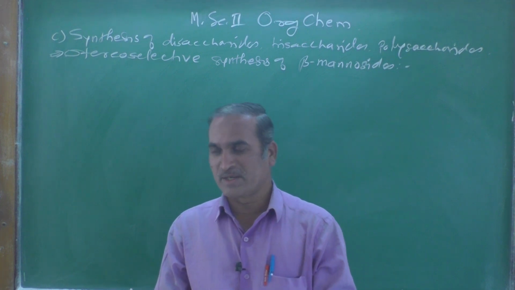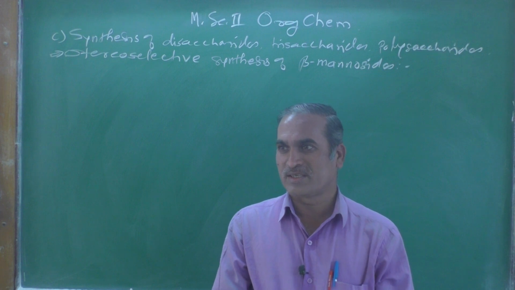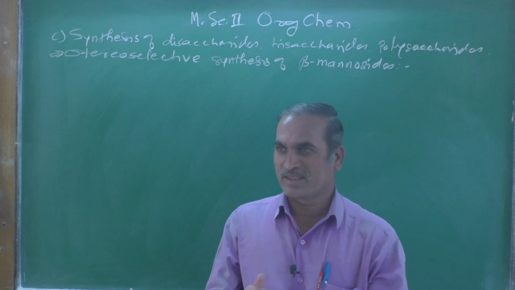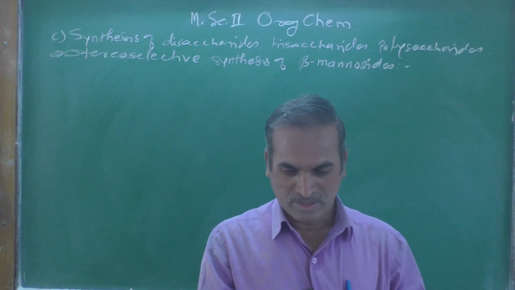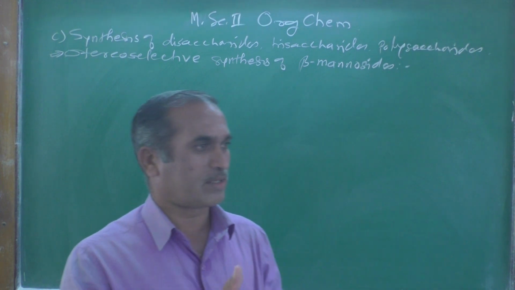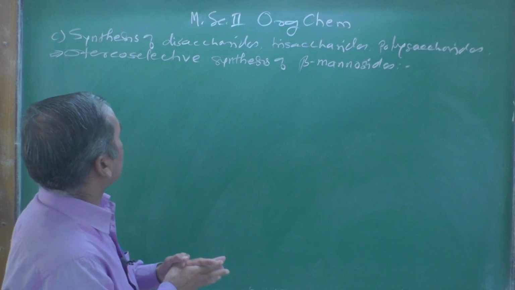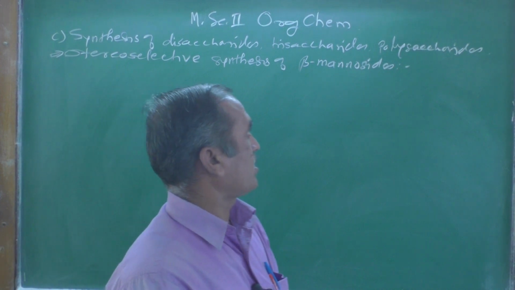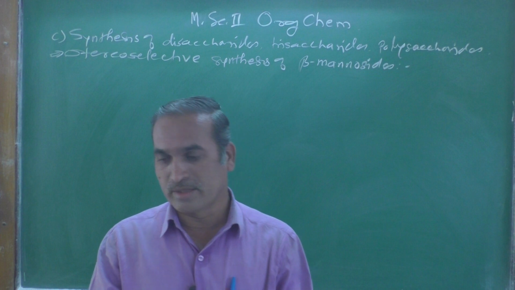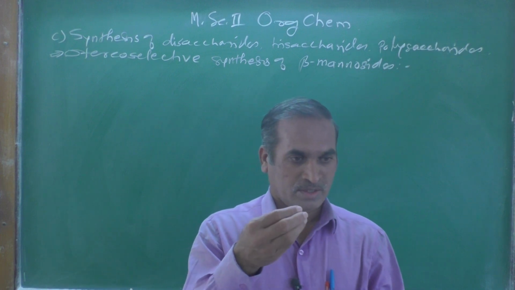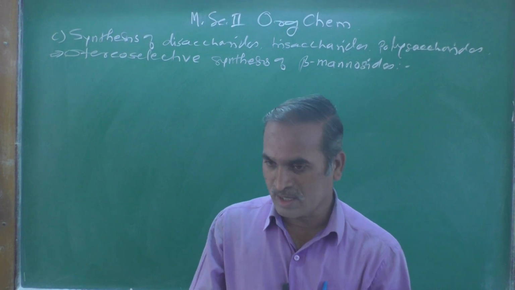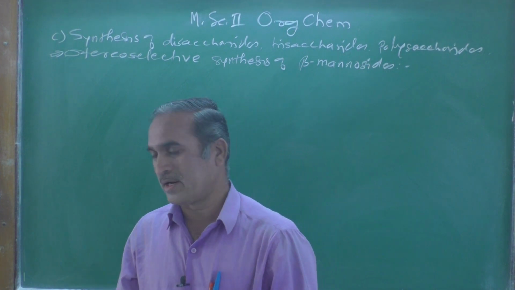Do you remember what we were discussing yesterday? I think we were discussing part number C, that is synthesis of disaccharide, trisaccharide, polysaccharide. How do we define disaccharide, trisaccharide or polysaccharide?